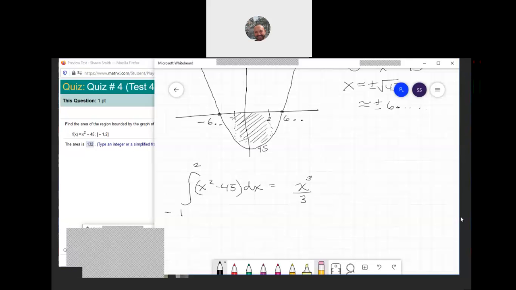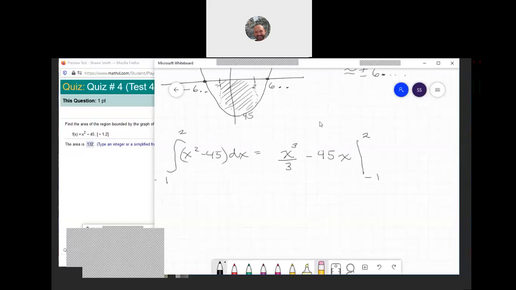And then minus 45x. That's your antiderivative, right? If I didn't have limits of integration here, -1 and a +2, I'd add a plus c. But I have limits of integration. So this says take this right here and evaluate it at the upper limit and at the lower limit and find their difference.